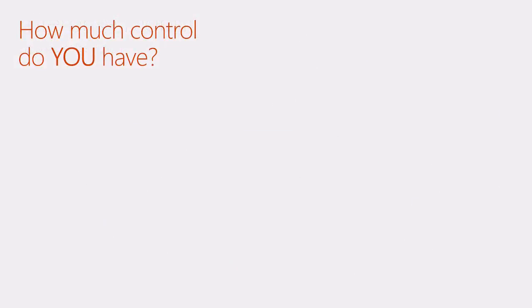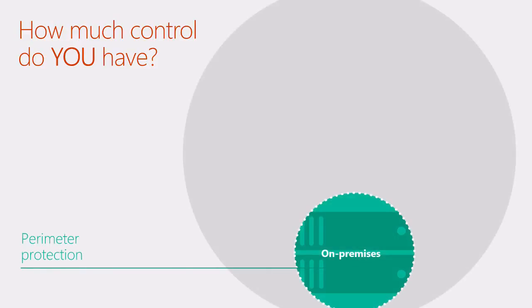Now, when we talk about Azure Information Protection, this slide really fundamentally describes what Azure Information Protection purports to do. And the question we have for you is, how much control do you have around the data in your organisation? And traditionally speaking, most people in the olden days, or even up to today, had most of their information on premises.